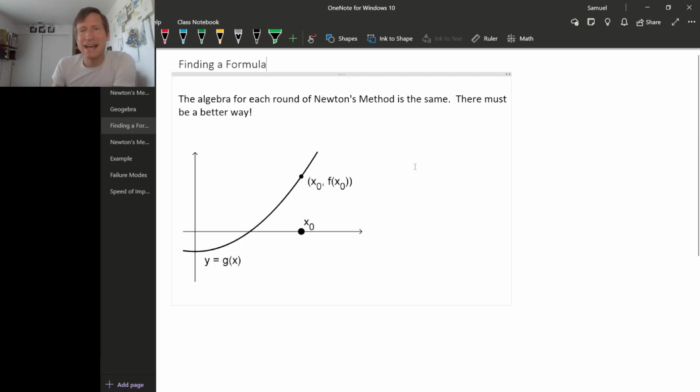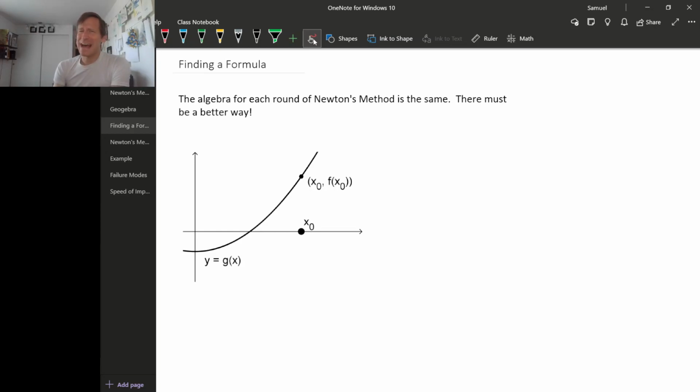If you look back at the example we did of using Newton's method to approximate the x-intercept of a function, the algebra that we did at each stage to find the x-intercept of the tangent line was actually the same. And it felt very repetitive to have to do the same algebra over and over again.